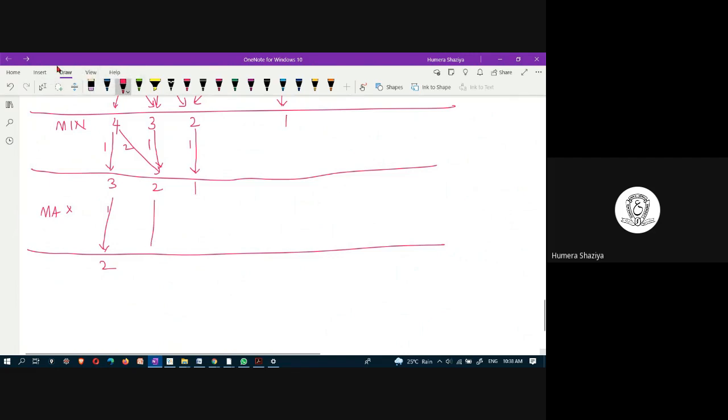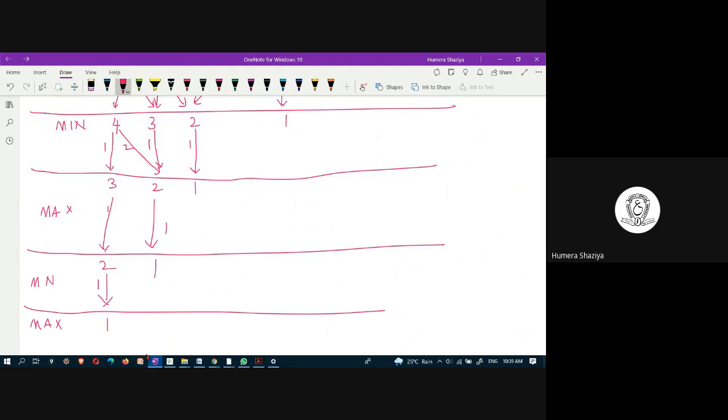If he picks 1, 1 will be left. Here we have to decide whether it wins or loses. This is Min. Min can pick 1, 1 will be left. This also we have to decide, and this is Max.